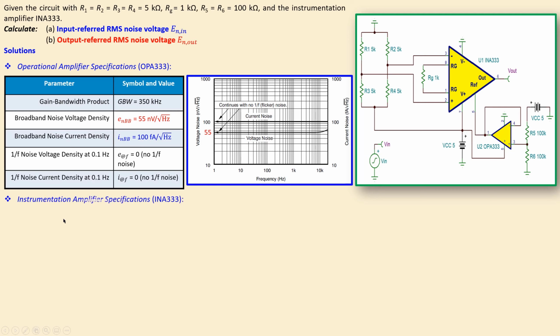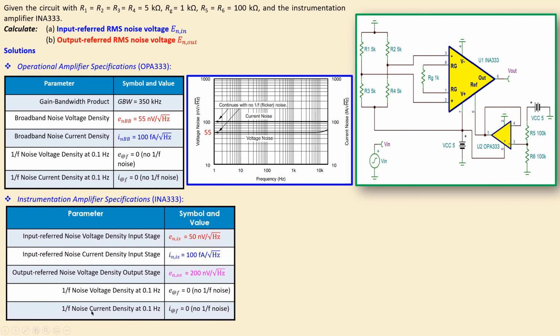Okay, let's also look at the instrumentation amplifier specification, so INA333. Again, we made a list of the important parameters we will use in our noise analysis. This is again the result that we have. Again, no 1/f noise part for the instrumentation amplifier, so no 1/f noise current and no 1/f noise voltage, but it has of course 3 parameters we will need.